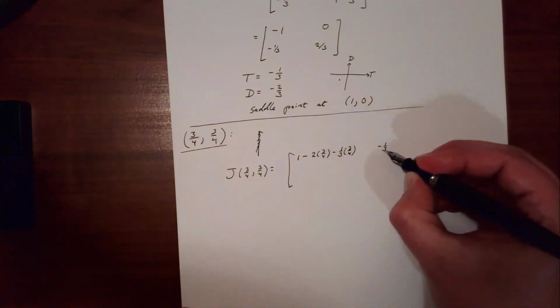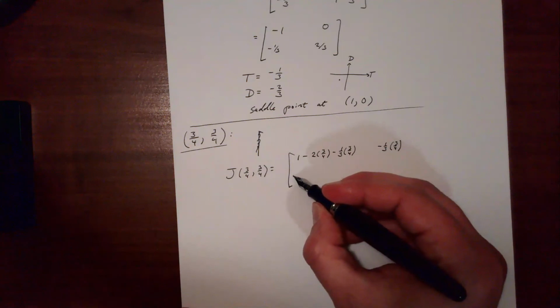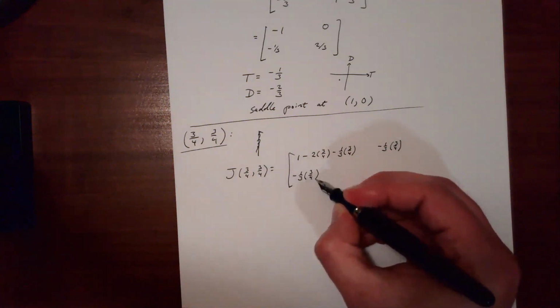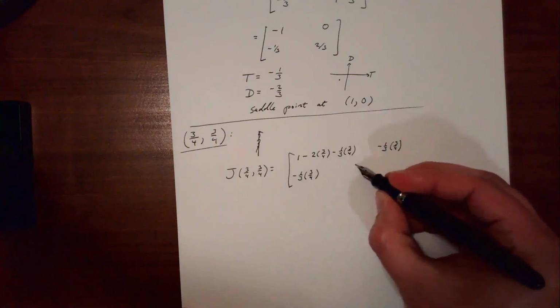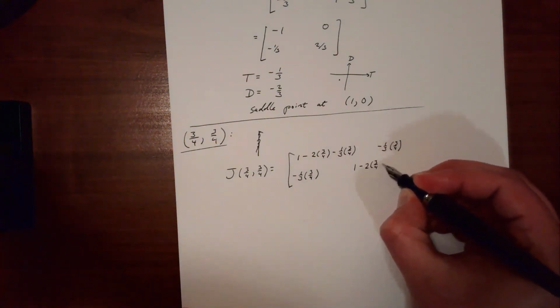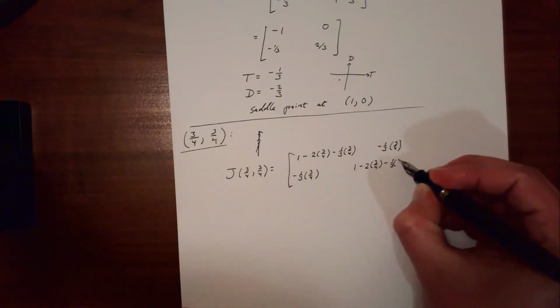Negative 1/3 times 3/4. Down here, negative 1/3 times 3/4. And over here, 1 minus 2 times 3/4, minus 1/3 times 3/4.